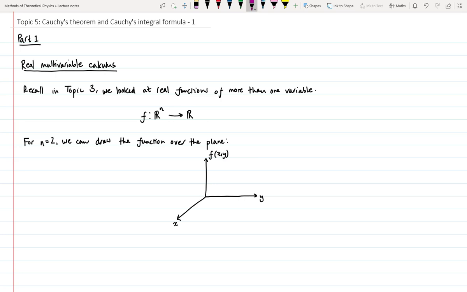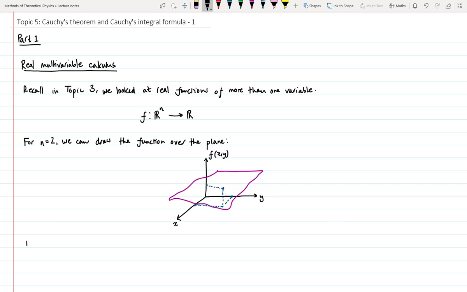And we draw the function as a surface above the xy plane. Might look something like this. And a point on that surface has a function value given by the height above the xy plane. And so this point would correspond to that on the y-axis and that on the x-axis.